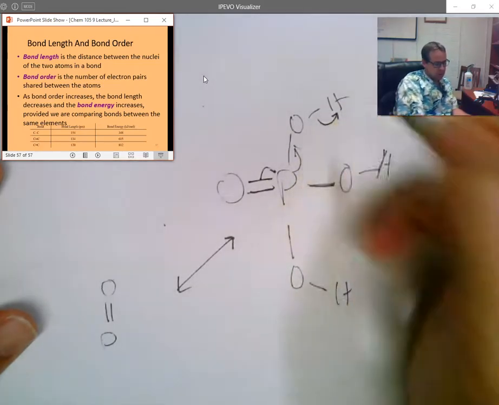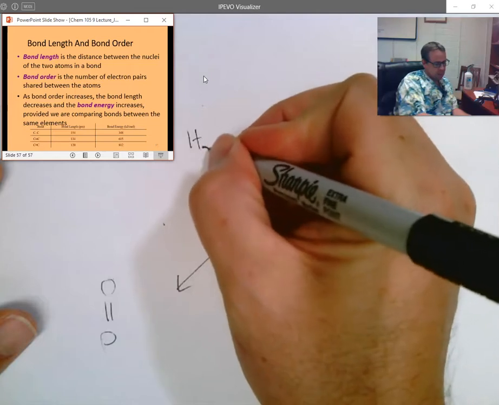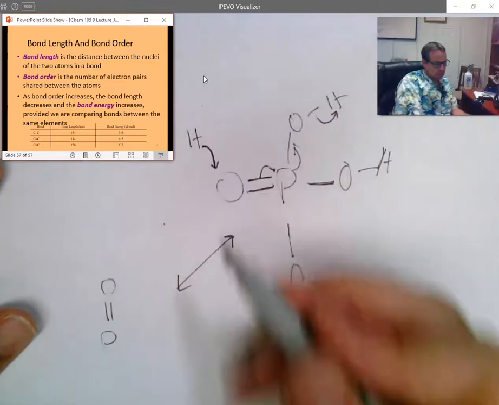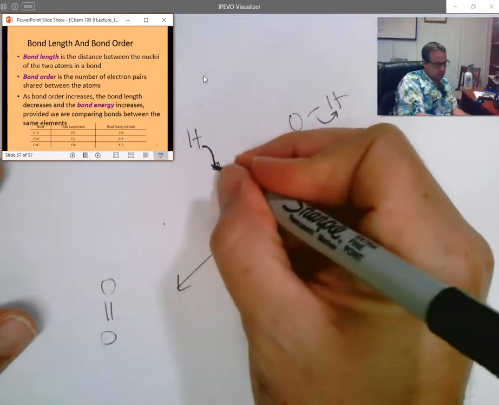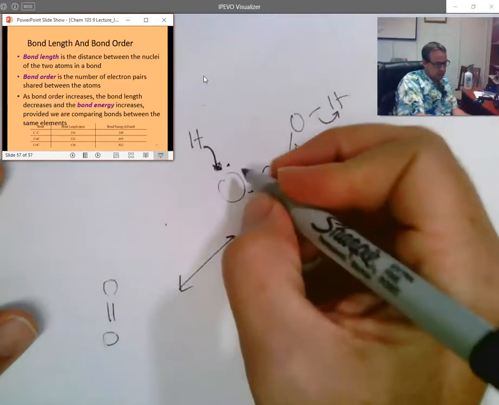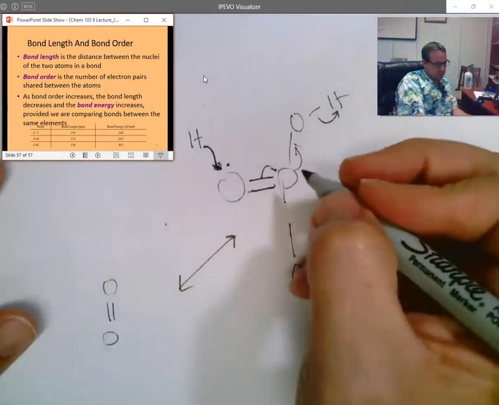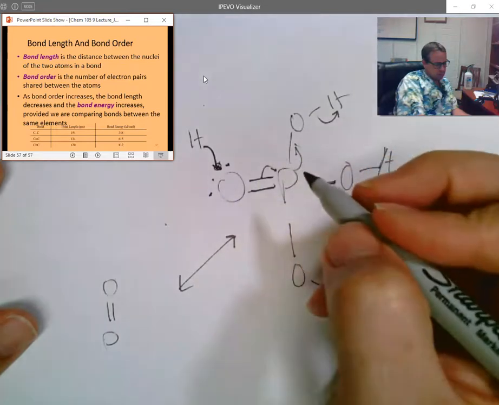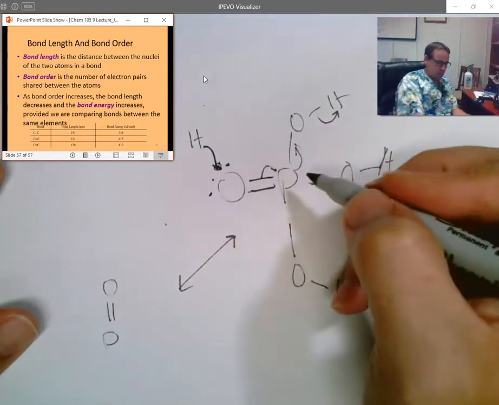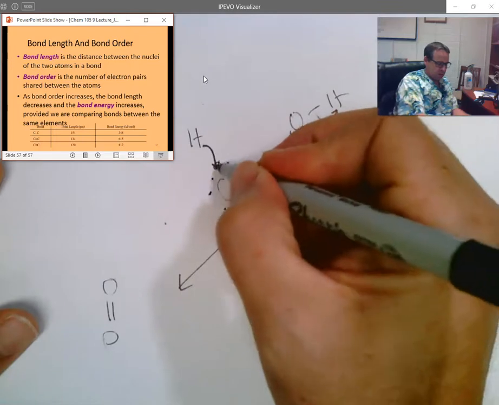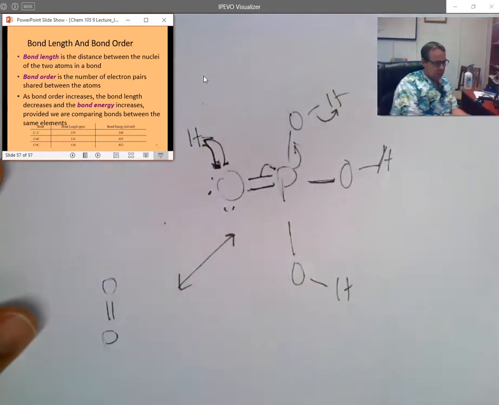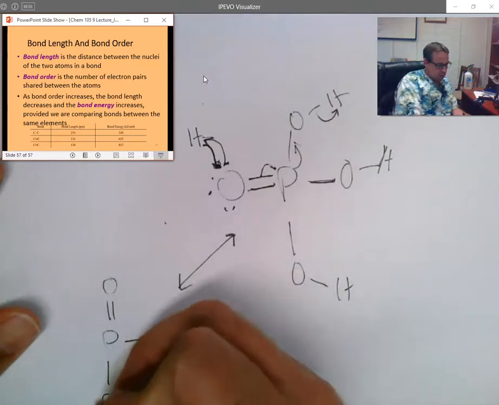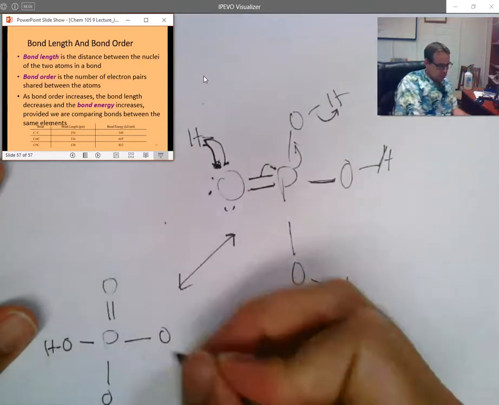The electron density comes off of that hydrogen, and a hydrogen from somewhere else forms a bond here, with electron density, let's see, 1, 2, 3, 4, 5, 6, there we go. So those electrons there go and get that hydrogen there. So that double bond takes turns being in different locations.